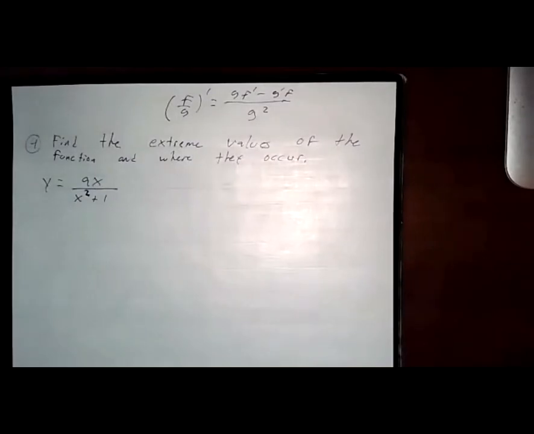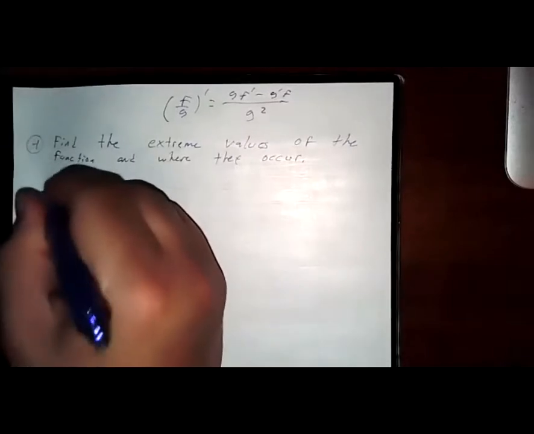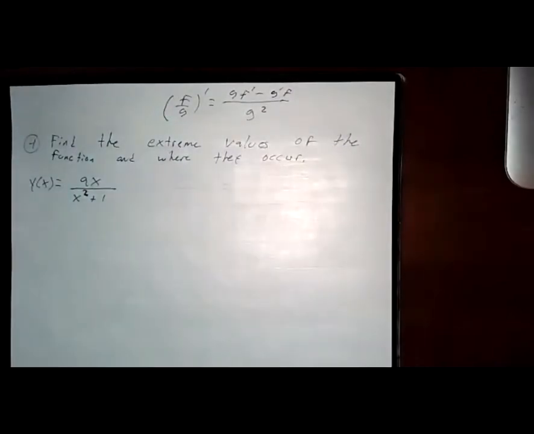Professor, doesn't matter if the function is y equals or f of x equals and then the function? No, it doesn't matter. The notation, when you see y equals, technically what it's supposed to be is y of x. I see.